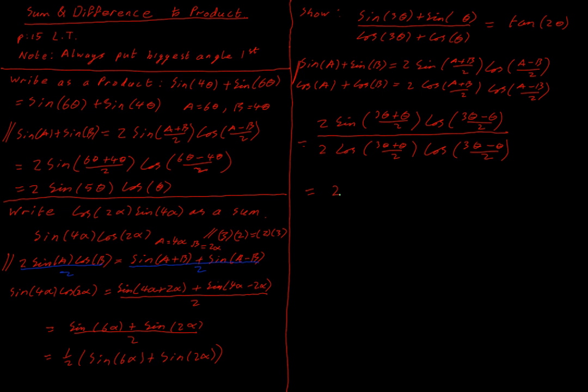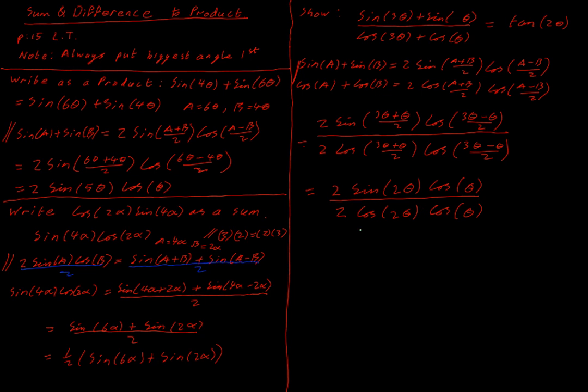Simplifying down, I get 2 sine of 3 theta plus 1 theta is 4 theta divided by 2 is 2 theta. Rewrite that, 2 sine 2 theta, cos of 3 theta minus theta is 2 theta divided by 2 is just theta, all over 2 cos of 4 theta all over 2 is 2 theta, cos of 2 theta all over 2 is just theta.